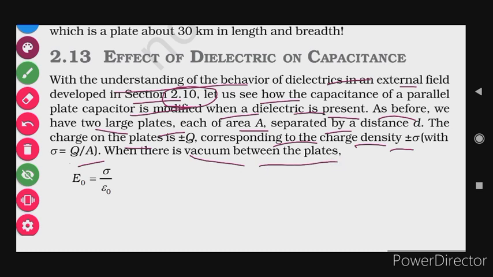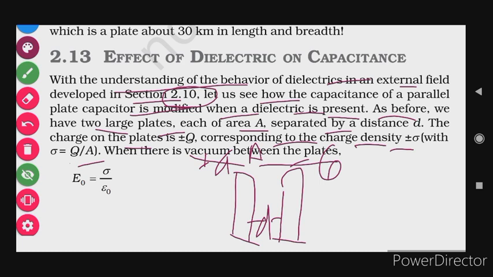As we have seen in the previous video, there are two charged plates of area A, the separation between them is small d, the charges on these two plates are plus q and minus q, and the surface charge densities are sigma and minus sigma. First of all, what will be the electric field between the two plates?